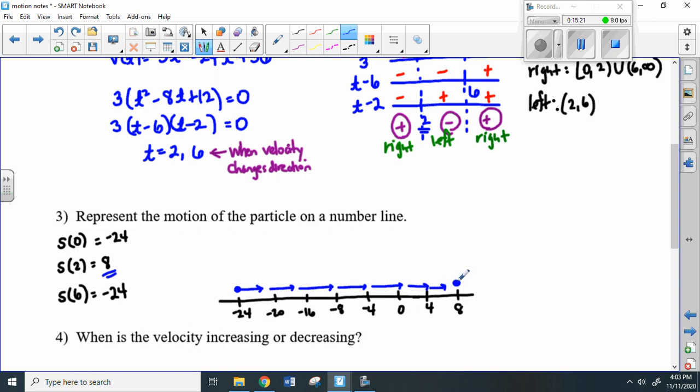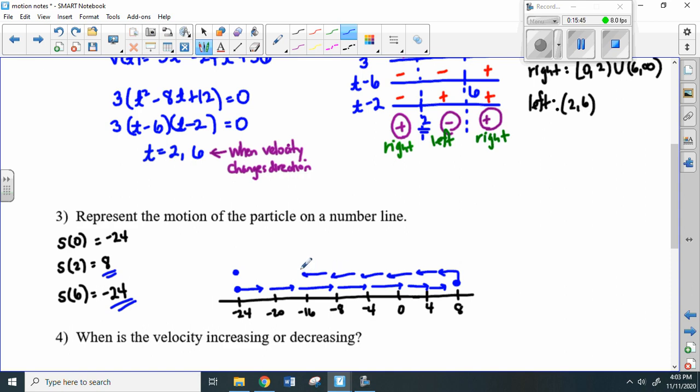Okay, now instead of going left, backwards, right on top of that, I'm going to show that I actually turn and go back to the left. Now I go left from 2 seconds to 6 seconds, but that takes me back to position negative 24. Okay, so I'm going left until I happen to get back to my starting position.